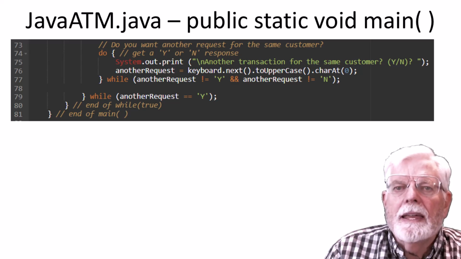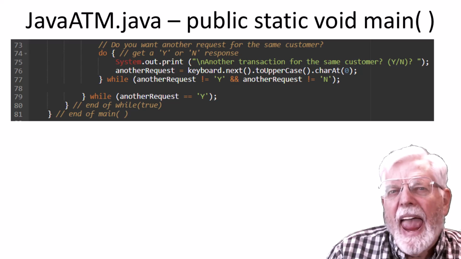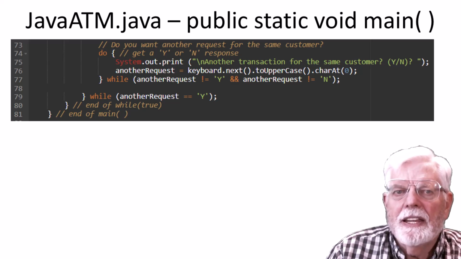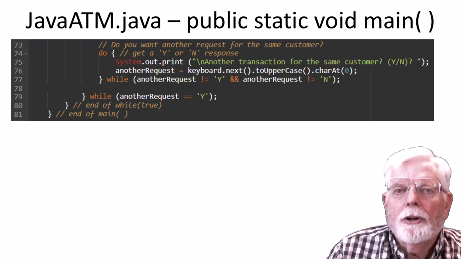Actually, YES or YUP or yada yada all satisfy the Y condition, and nope, nah, etc. satisfy the N condition. The next while curly brace closes off the while true loop. The final close curly brace is for the end of public static void main.